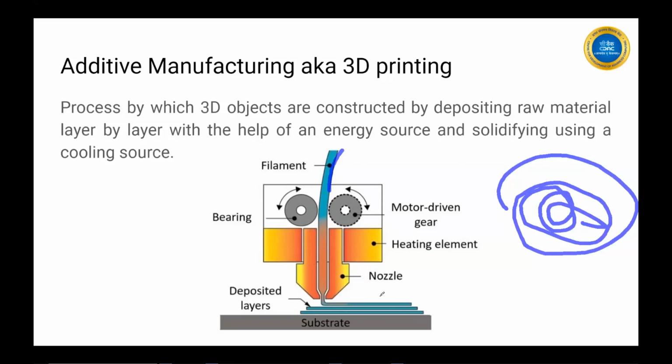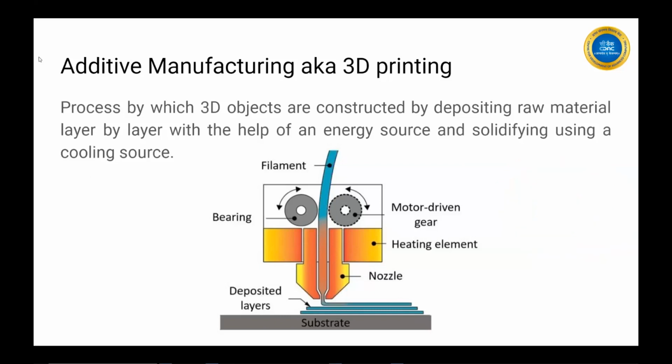That melted wire is deposited through the nozzle onto a build plate in a layer by layer fashion, and that layer will be of micron level thickness, and that layer will make the final part in the FDM process.